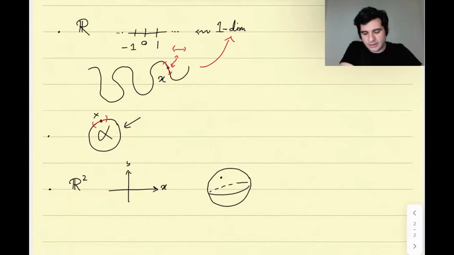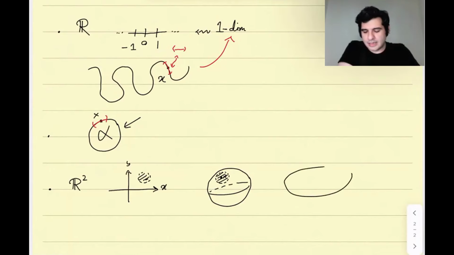If I pick any point X on the surface, any small neighborhood of that looks like a small neighborhood of any point inside R2, right? These two things are very similar. So the surface of a ball is a two-dimensional space.